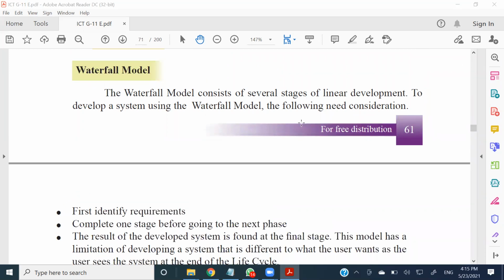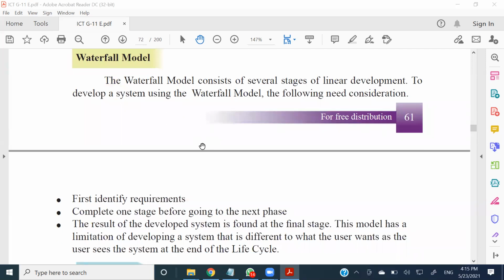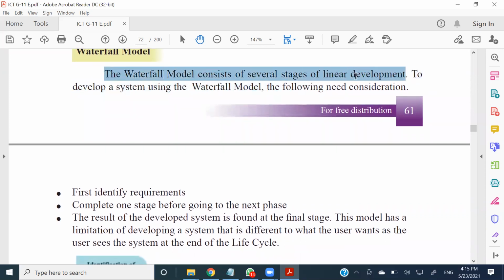So in the waterfall model, write the first sentence that is important, saying it is a linear development.